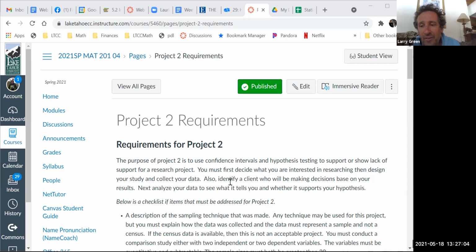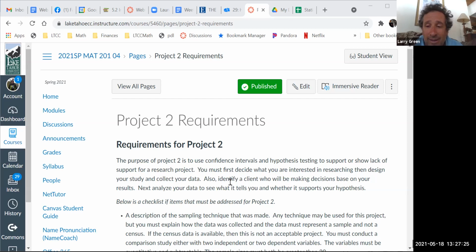So what's the very first thing you do for a hypothesis test? You form the hypothesis. Yeah, but I'm going to make it plural. You form the hypotheses because you can have a null hypothesis and an alternative hypothesis. So you're right. You form the hypotheses. You write down H naught and H1. Okay, so that's what you're going to do.